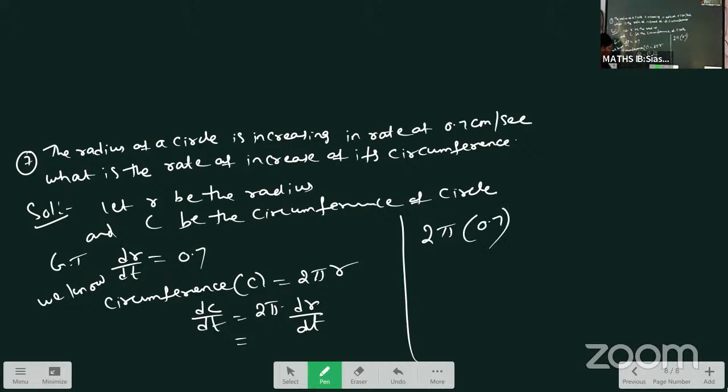So now simplify. 2 into 0.7 is 1.4 pi as it is. What are the units for circumference? It is centimeter per second. So like this we have to find out.